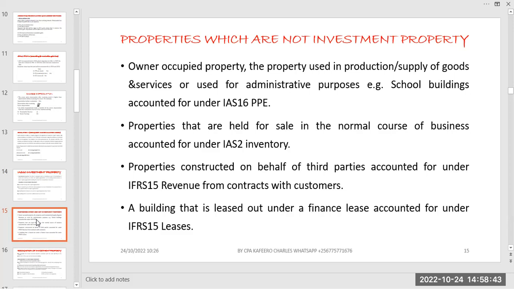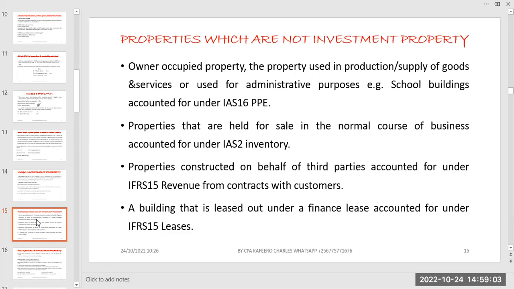That is inventory. Then properties constructed on behalf of third parties. These are also not investment properties. You are a construction company and you've got a contract to construct a building. That building you are constructing is not yours. You are just a construction company.